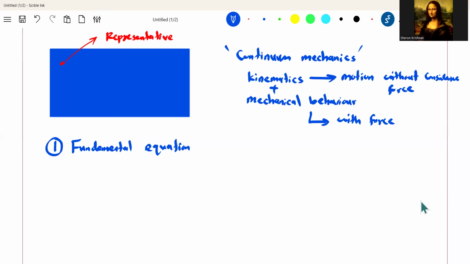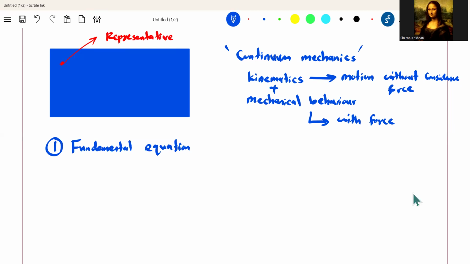These fundamental equations are developed based on universal laws. They are always true regardless of the material, whether it is concrete, steel, aluminum, whatever the material, the fundamental equations are the same.